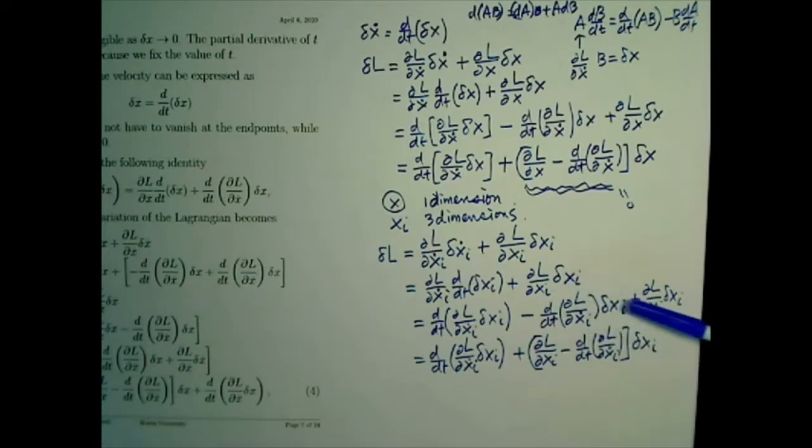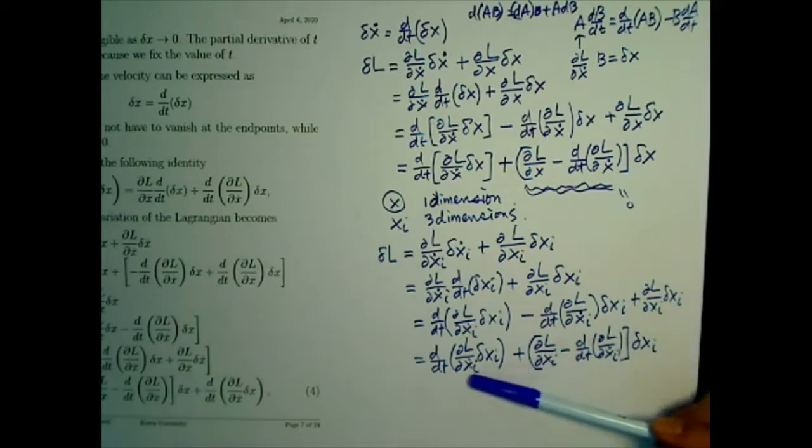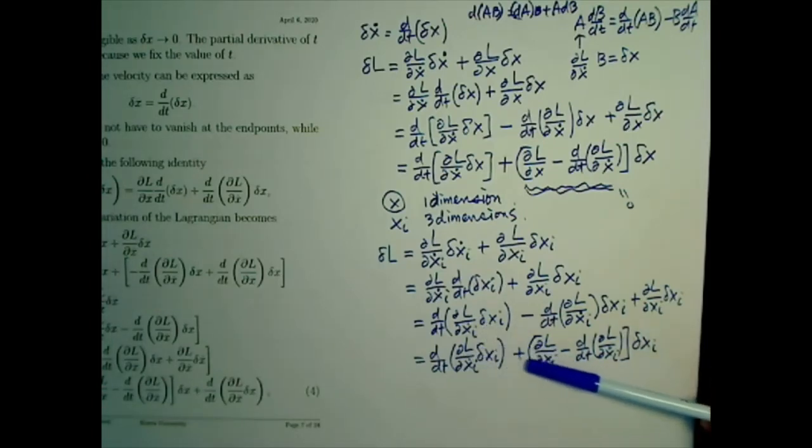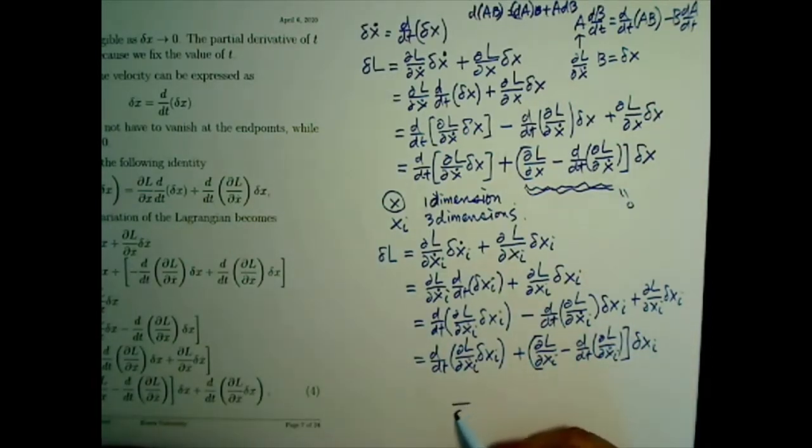And this one is copied in here. Again, we have the contribution that is a total derivative plus something multiplied by delta xi summed over i. That means this one is the left-hand side of the Euler-Lagrange equation for 3 dimensions.